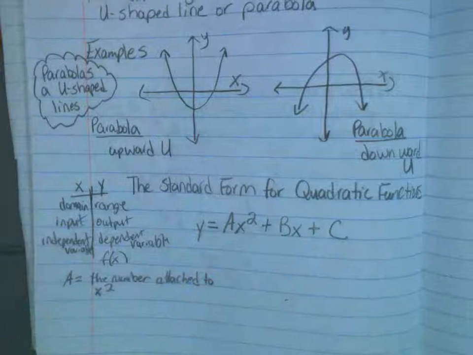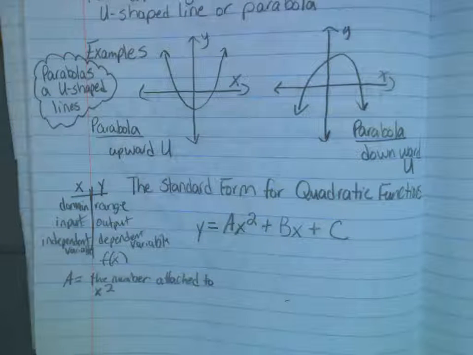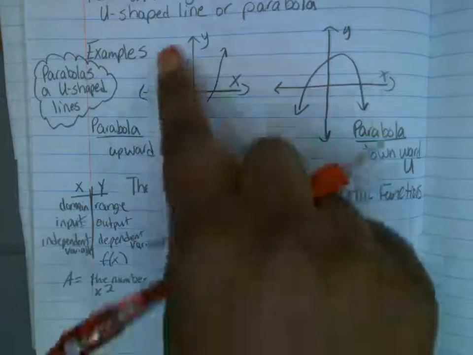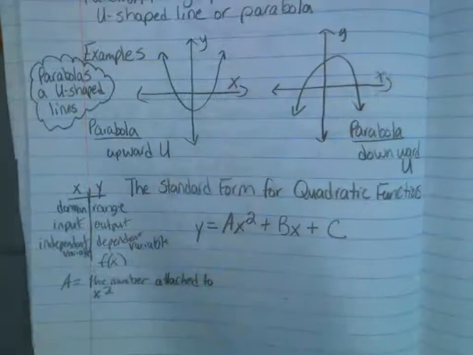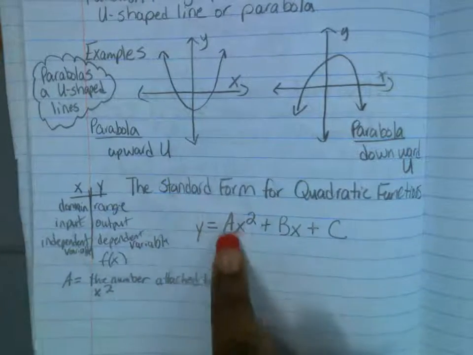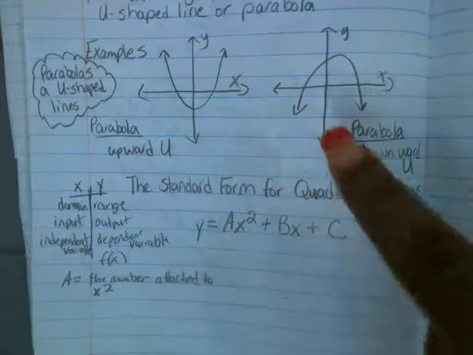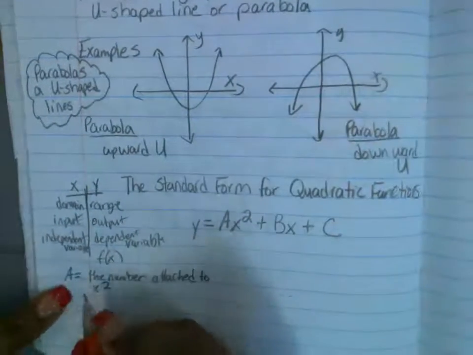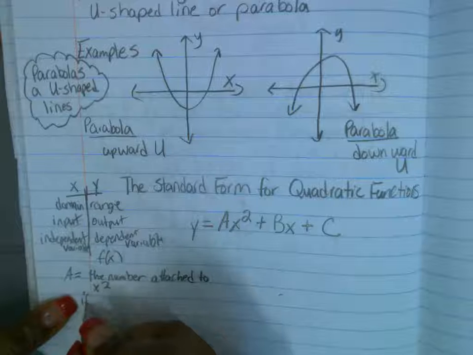Obviously, we can see that. If that number is positive, the parabola is going to go upward. It's going to do an upward parabola. If this number right here is negative, then your parabola is going to be graphed down. Okay, so that's super important.